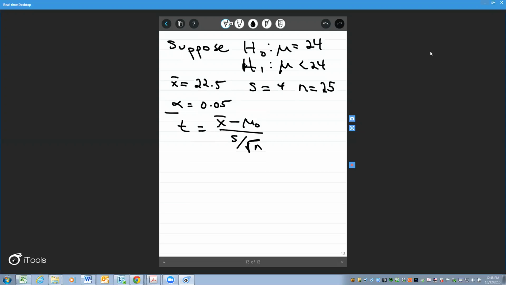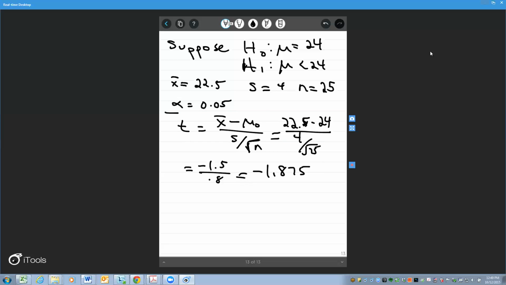In this case, it's 22.5 minus 24 over 4 over the square root of 25. So I get minus 1.5 over 0.8, which gives me minus 1.875.